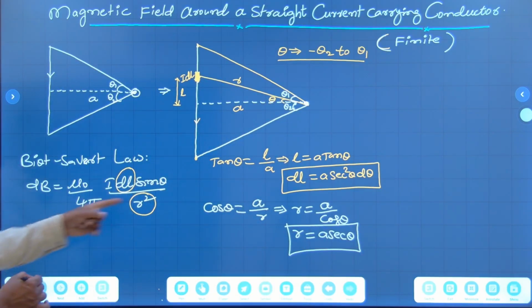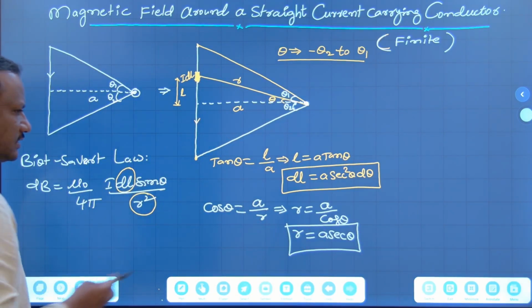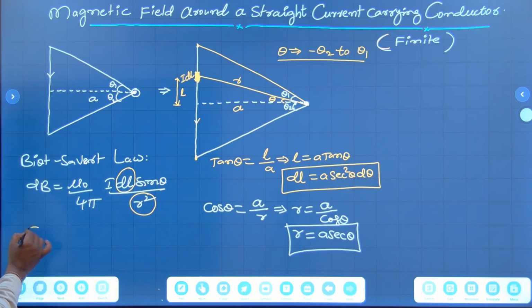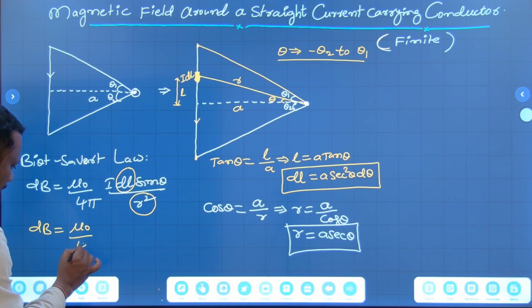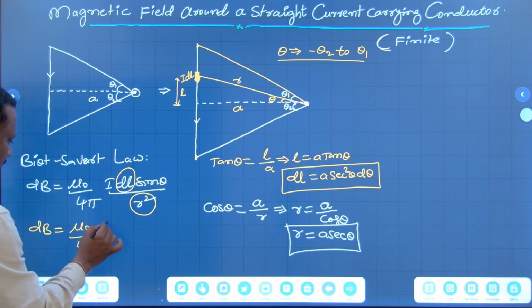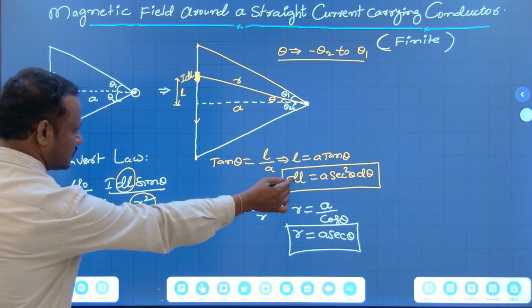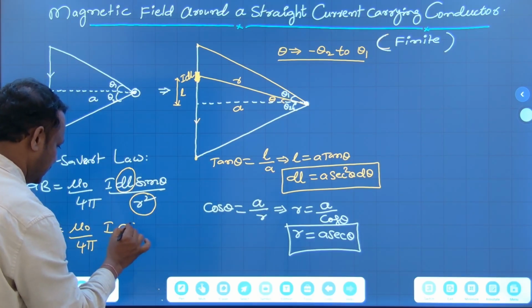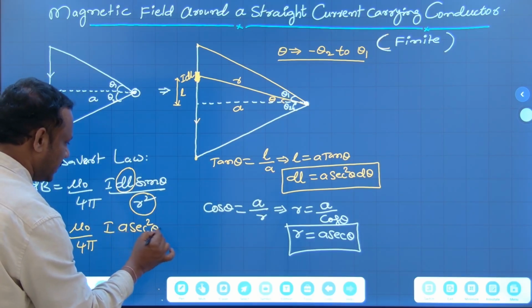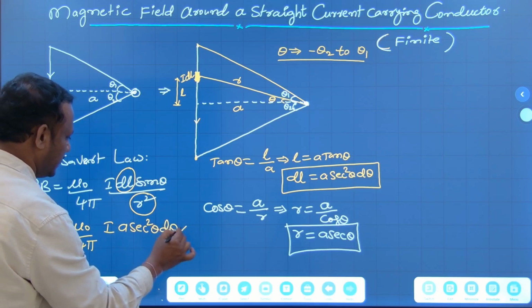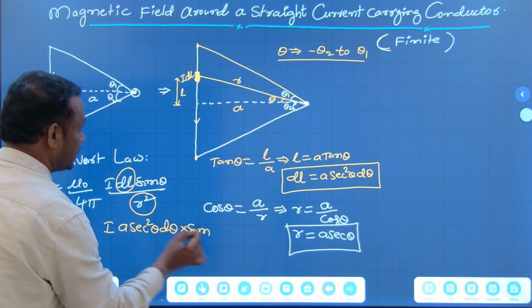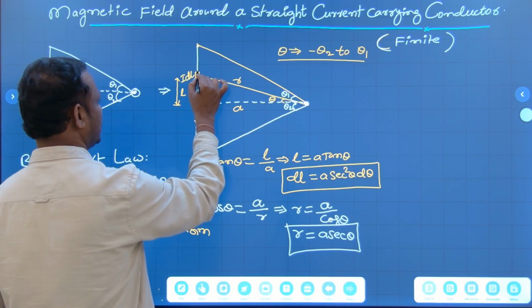Now directly I can substitute. Here dB is equal to mu naught by 4 pi I, and dl is A secant squared theta d theta, times sin of the angle between the length element and r.